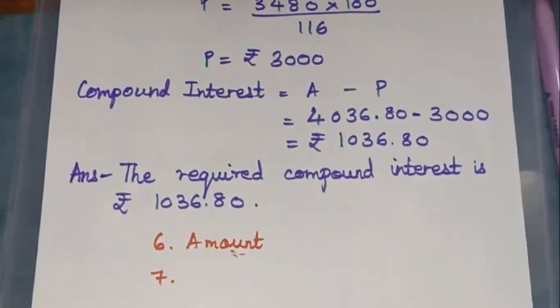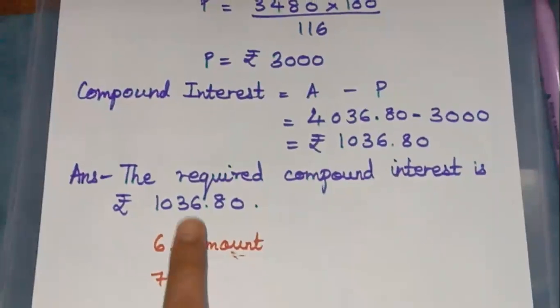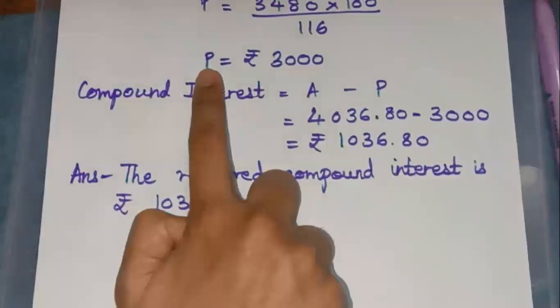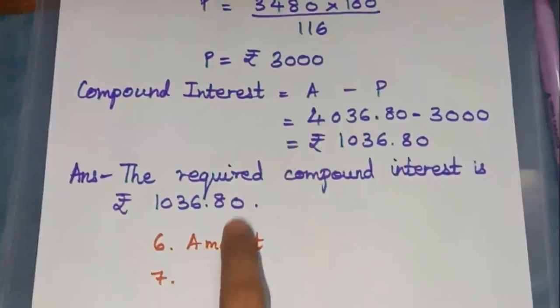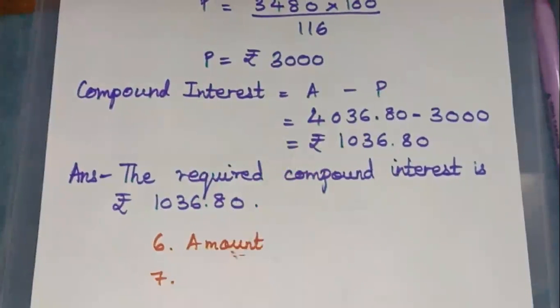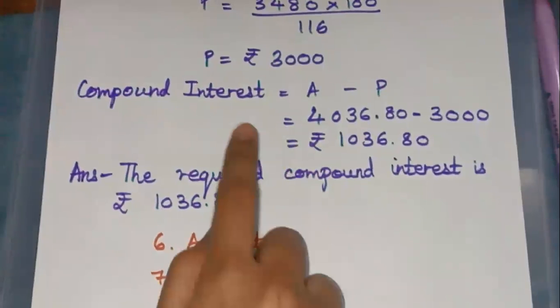How? I hope you remember this question that we did. This was the fifth sum. In this fifth sum also we first found out the principal and then we found out the interest. But in the seventh sum, it is asking you to find out just the principal.